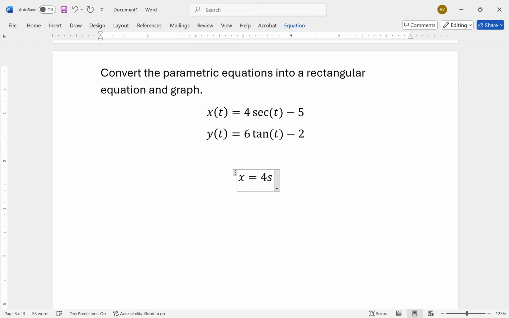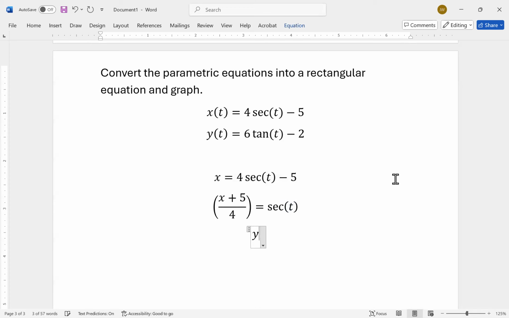x is equal to 4 times the secant of t minus 5. When I solve for secant of t, I'll add 5 to both sides and then divide both sides by 4. I will end up with x plus 5, all divided by 4, and that will be the secant of t.